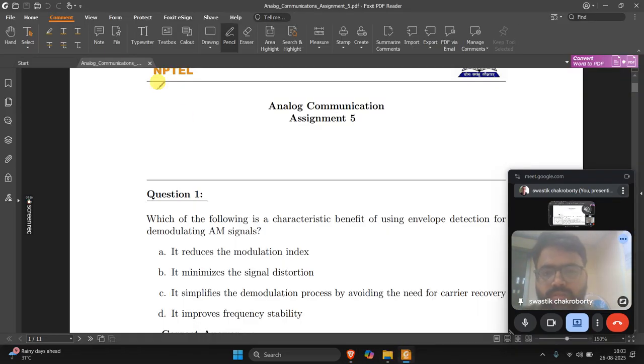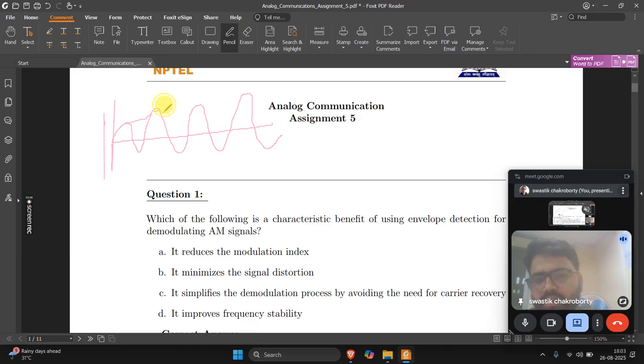So for an envelope detector, you have an AM signal that goes like this. So it is a sinusoid with varying amplitude, and the amplitude varies according to the message signal. If we trace the peaks only, then we have something that is called an envelope.